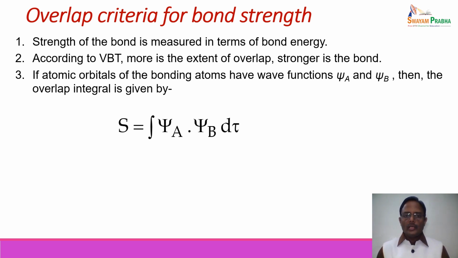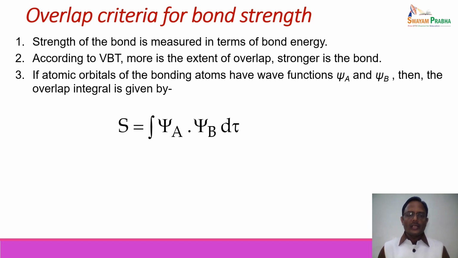Tau is actually a three-dimensional parameter, an infinitesimally small volume element, equal to dx into dy into dz.